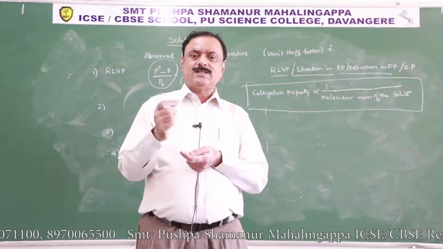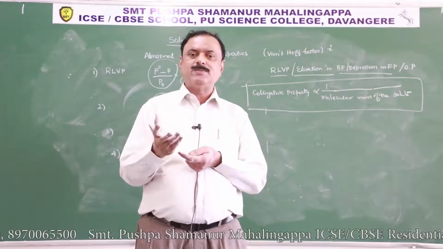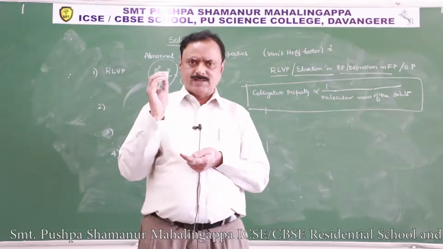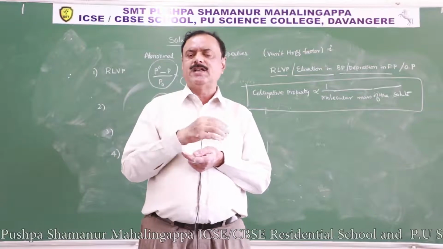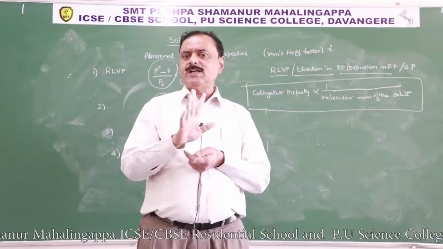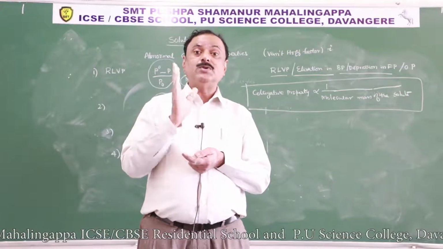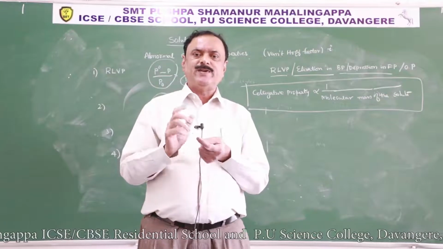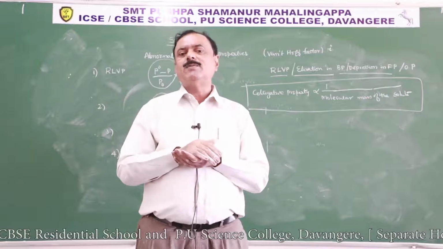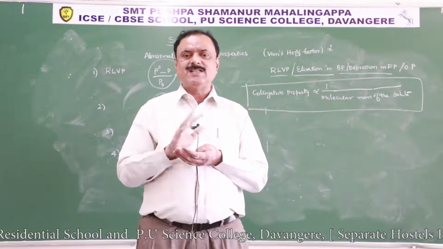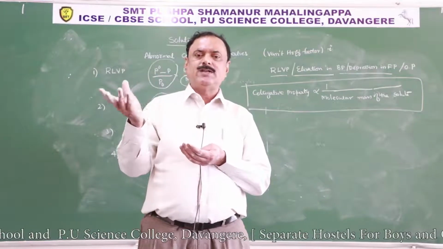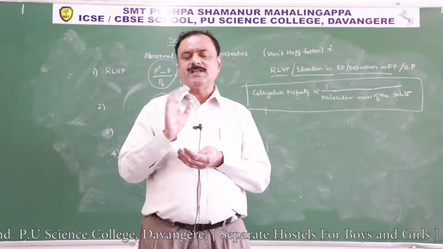In case of ionizable electrolytes like sodium chloride, potassium chloride, barium chloride or aluminum sulfate, which undergo ionization in aqueous medium, when you determine the colligative property by the theoretical method and the observed method, both are different. Now, different means it will be higher than or lower than. Even in case of some molecules like acetic acid or benzoic acid, that is organic molecules, the observed and theoretical colligative property values are entirely different.